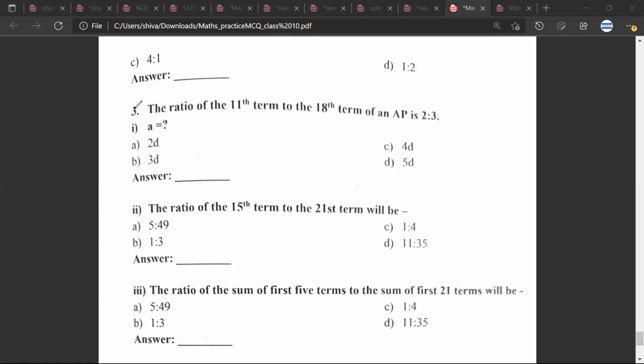So, Mr. CB, next part. The ratio of the 11th term to the 18th term of an AP is 2 by 3. Then A is equal to? How should we do this? First, the formula for the 11th term would be A plus 10D. And the formula for the 18th term would be A plus 17D.